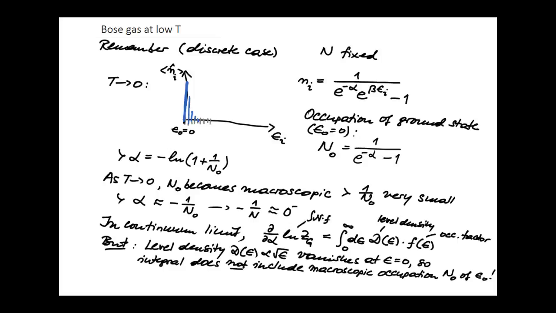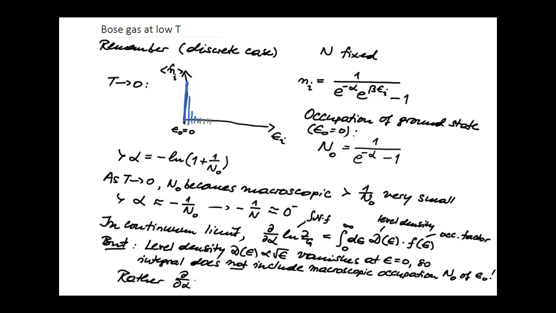Yeah, so this is the point. This integral that we had derived in the continuum limit fails to include the macroscopic occupation of the ground state. And for this reason, the above expression, integral over level density times occupation factor on the right-hand side, or the partial with respect to alpha of the log of the grand canonical partition function as defined in the continuum limit, namely this integral over n times f, is no longer the total particle number.